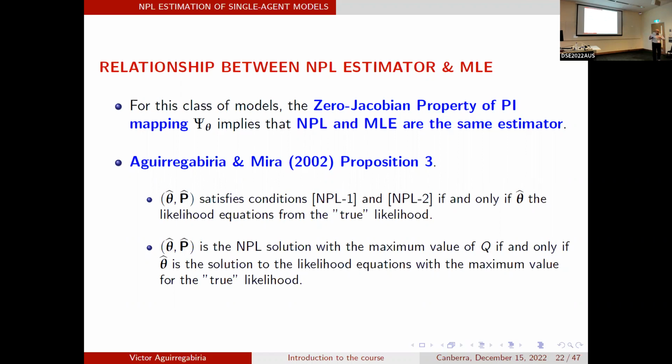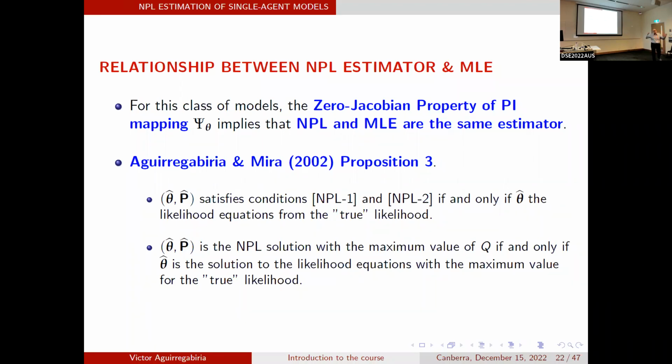Then a solution of the true likelihood equations in maximum likelihood estimation is a solution if and only if theta and P satisfy the conditions of the nested pseudo likelihood. And in terms of a local optimum, NPL and maximum likelihood give us exactly the same estimate.